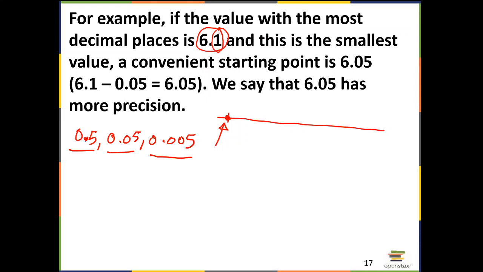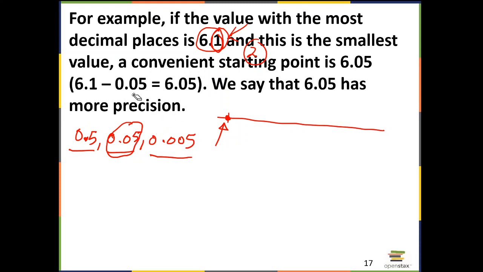If you have numbers with one decimal place, and that's the maximum, then the data has only one decimal place. So we want to make sure the boundaries have one more than that. That's one decimal place, so we want the boundaries to have two decimal places. So we pick this number, which creates two decimal places.